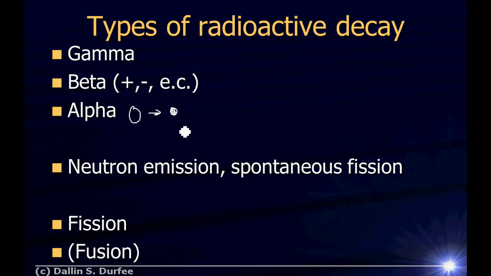The next type of decay is beta decay, and there are actually 3 different types of beta decay: beta plus, beta minus, and electron capture. The idea with beta decay is that in a nucleus, a neutron can turn into a proton by emitting an electron. A proton can turn into a neutron by emitting an anti-electron, a positron. Or a proton can become a neutron by capturing an electron.